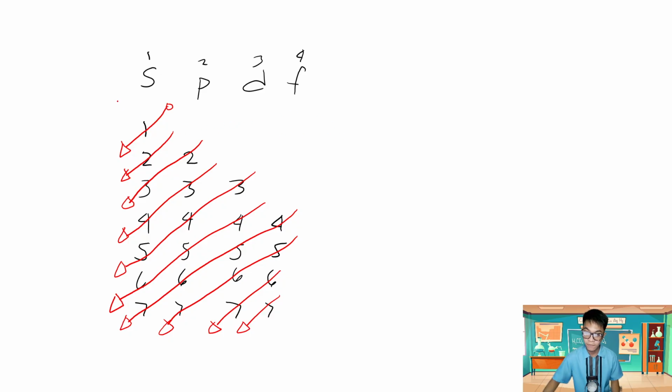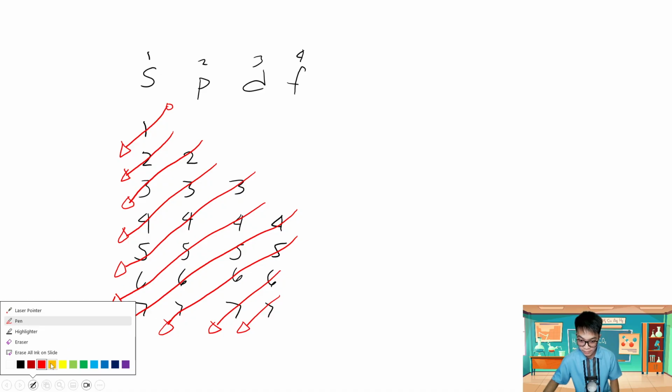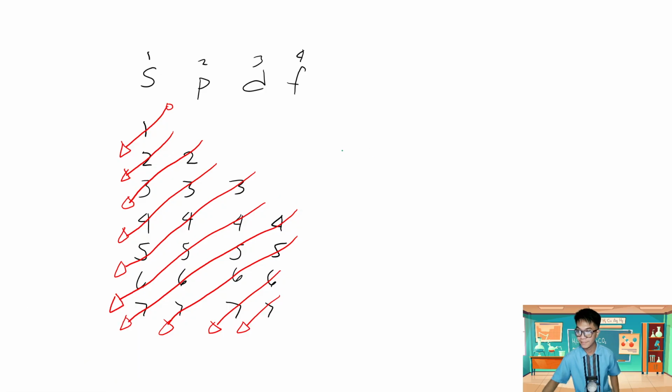Since this one falls under the S block, let me change the color of my highlighter. Let's have green. Since the first one that we've crossed out is the 1 on the S block, we write 1S, followed by 2S, and then the next one, jump to another.